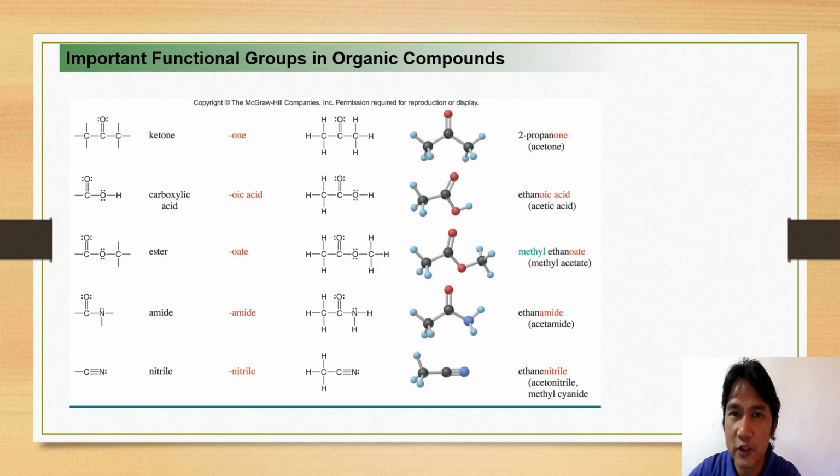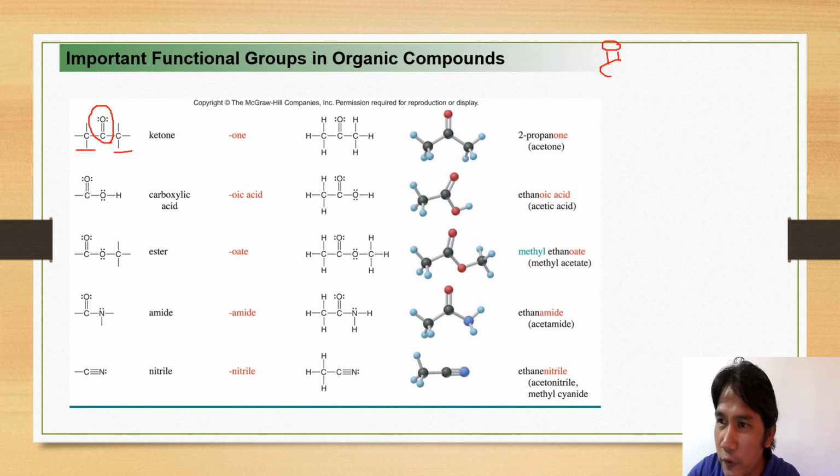The next set of functional groups in organic compounds are the following. We have ketone. As shown here, the carbonyl group, remember, is always the carbon bonded to oxygen. In ketone, the carbonyl group must be in between 2 carbon atoms.